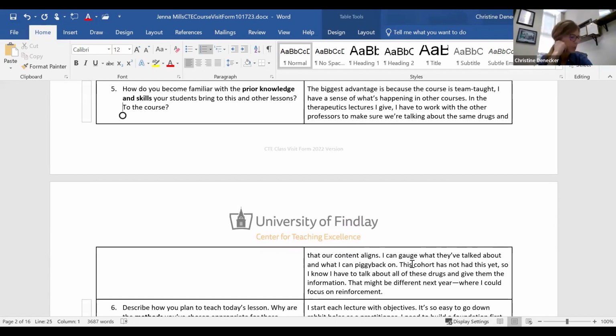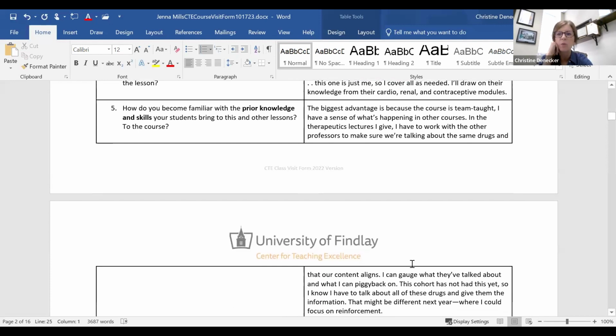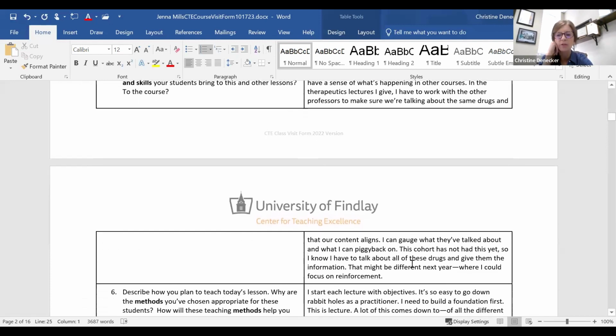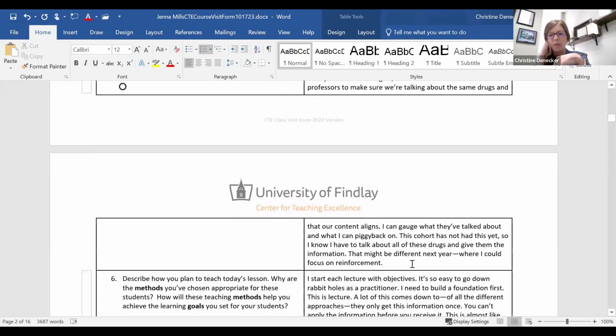I also wonder if some of this is 1C, like the instructional outcomes are rigorous and appropriate for students. This demonstrates the why of, I can gauge what they've talked about in the other courses, piggyback on that. I don't know. So has she asked, and maybe this would have been a question we could have asked as a follow-up question.